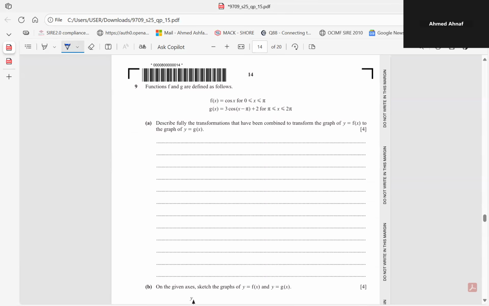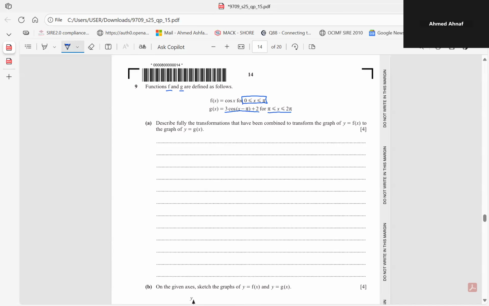Okay, so we're told here that functions f and g are defined as follows. So f(x) is cosine x for x between 0 and pi, and g(x) is this more complicated function for x between pi and 2 pi.